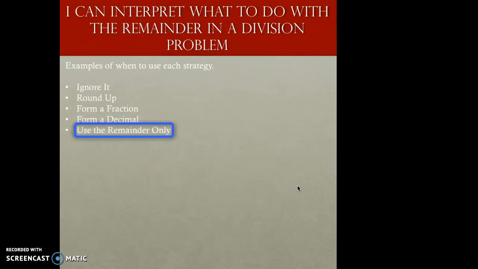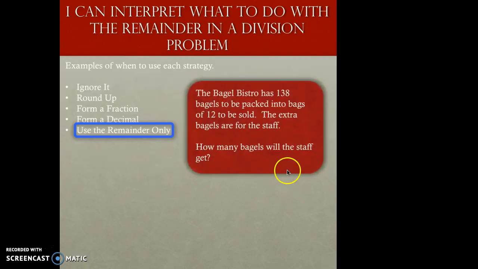Okay, here's an example of when you would use the remainder only. The Bagel Bistro has 138 bagels to be packed into bags of 12 to be sold. And the extra bagels are for the staff. So how many bagels will the staff get? Well, if we take the 138 and divide them into 12 bags, we're going to end up with 11 bags.